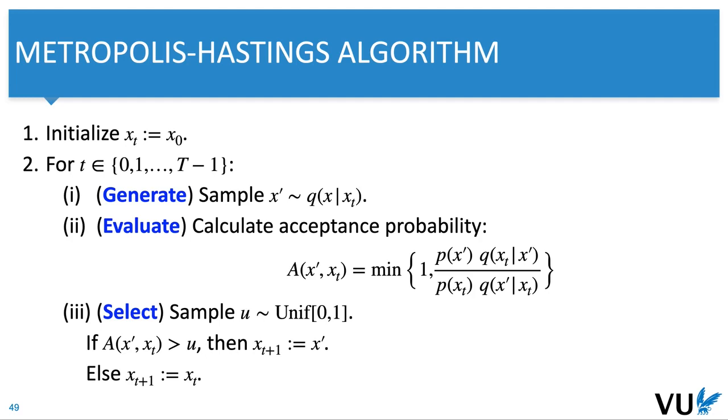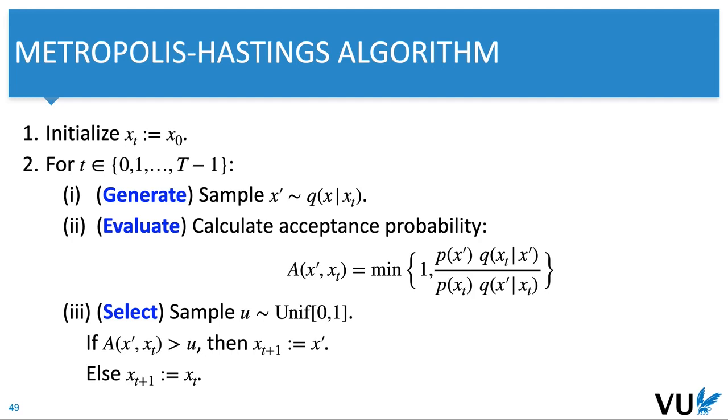We evaluate the real probability P of X, the probability of this new point. We multiply it with the proposal distribution probability of going back to the previous point. And then we divide it by the probability of the last point times the proposal distribution.